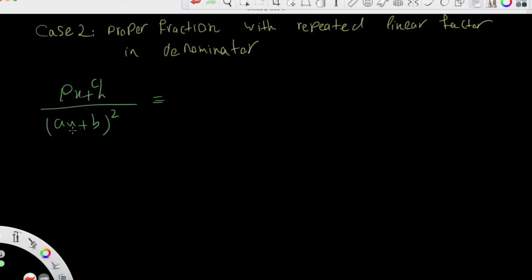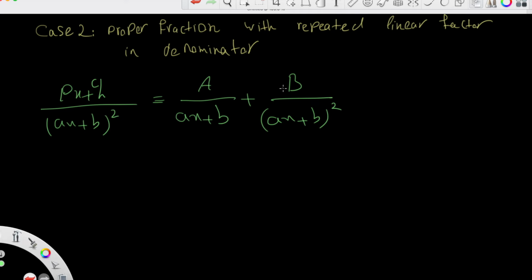Repeated means that a factor is repeated more than once. It has power 2. It is ax plus b times ax plus b. Now it can be split into partial fractions using the rule: first you write the first power, then the second power of the same factor, where a and b are the coefficients to be found.